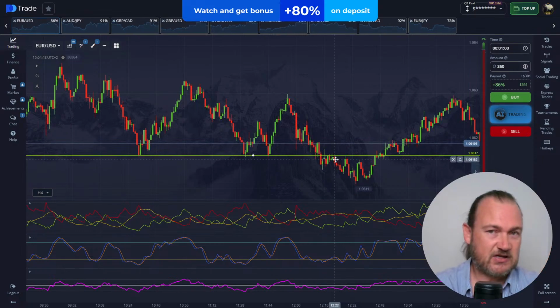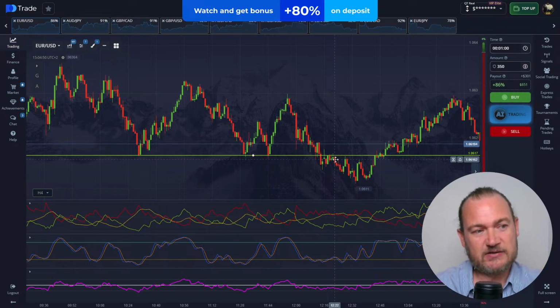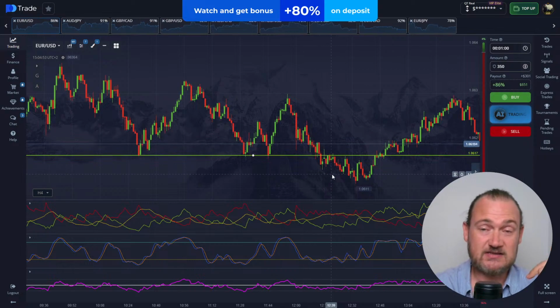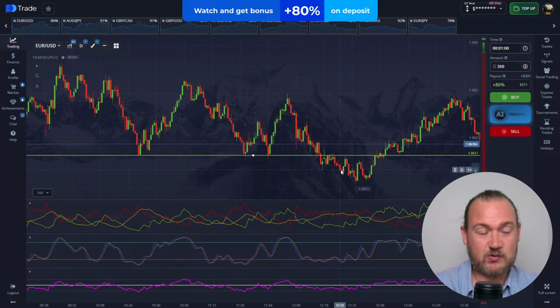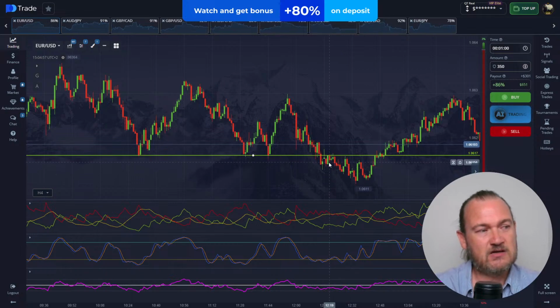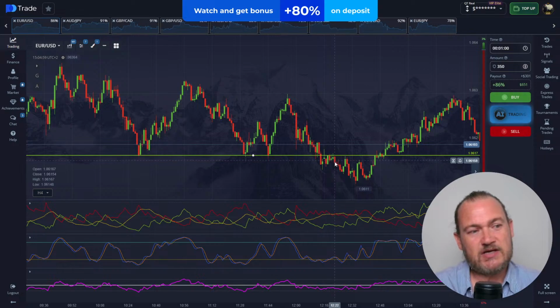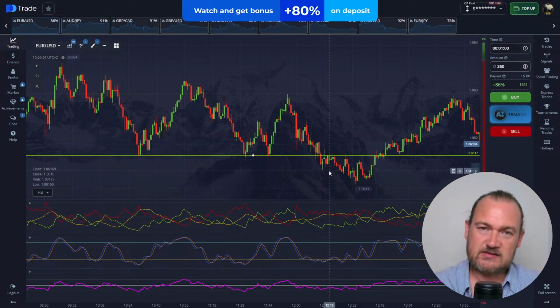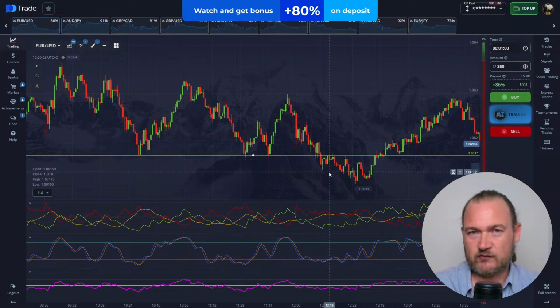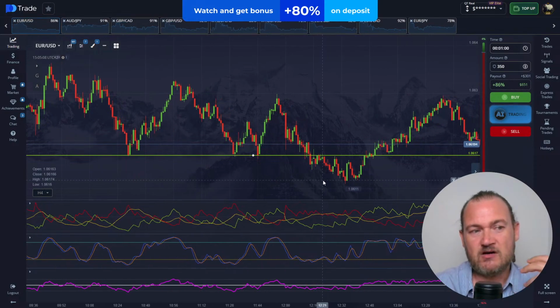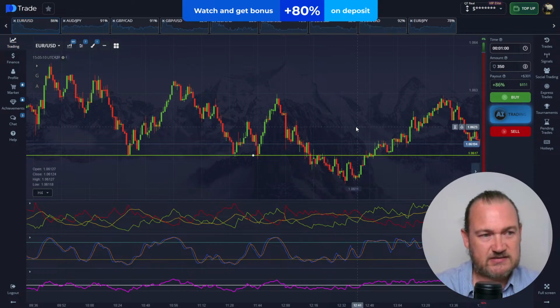Okay, so this was a beautiful example of how a retest failed. This will not happen every time. If price does go through a support area or a resistance area or a trend line, we cannot assume that price will come back for a retest and then continue in the direction that it broke. Oftentimes you will see that this is not the case.